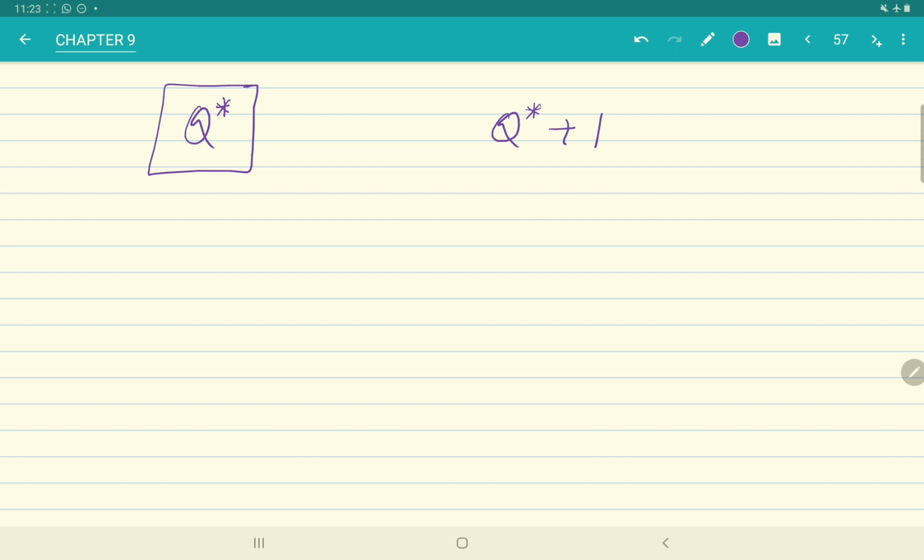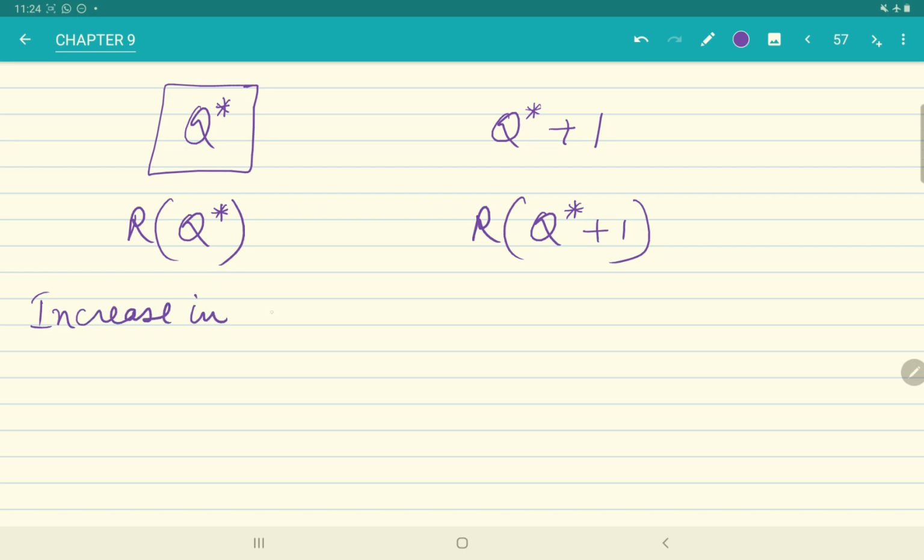Now if we think of how much revenue will increase, obviously revenue will increase when we increase the production level. In this case the revenue is this, and the increase in revenue is this.